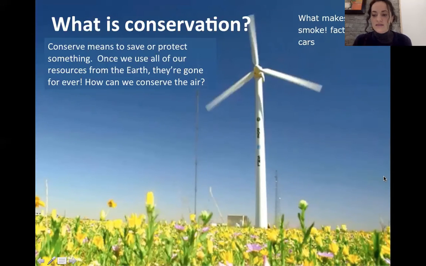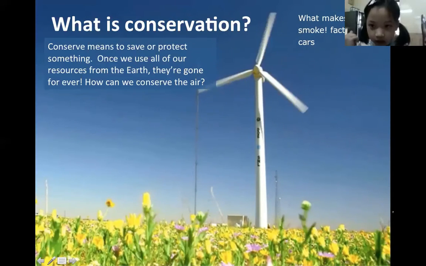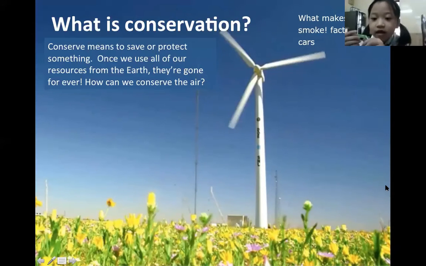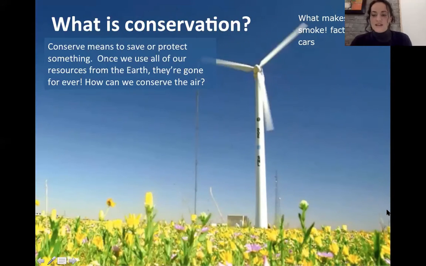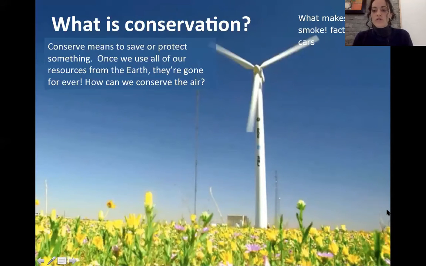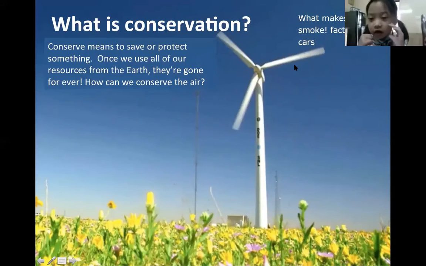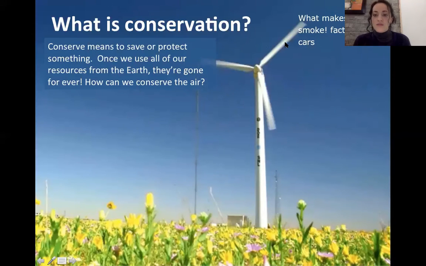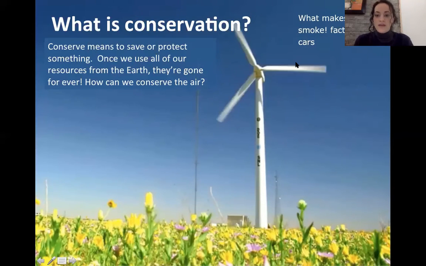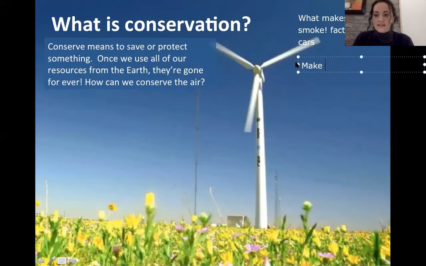Rosie, what can we do then to help the earth? To protect the air and the natural resources. Yes, that's a great answer. So what would you do to protect the air? We don't make smoke. Very good. So if smoke is the problem, the solution might be to make less smoke.